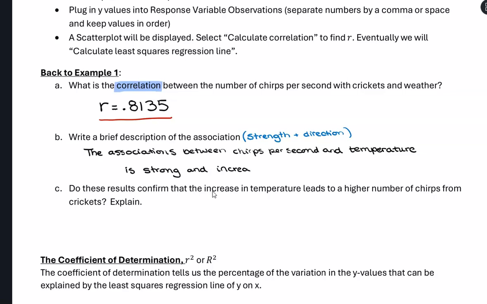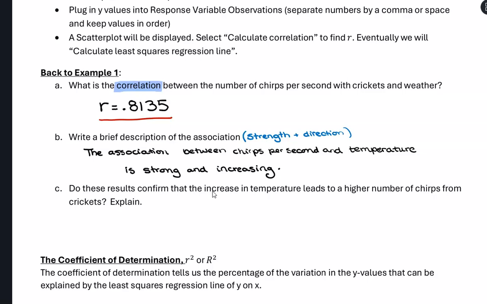You could substitute in the word positive there too, but increasing kind of shows a nice relationship that as one's getting larger, the other one's getting larger as well. So that's how we would write a description of association between the two variables.